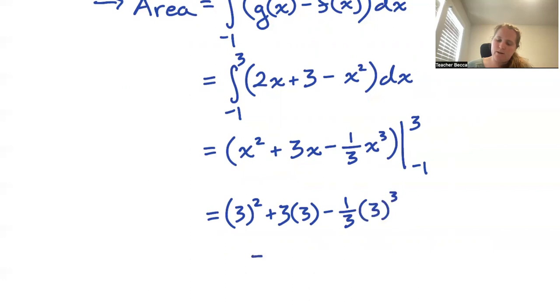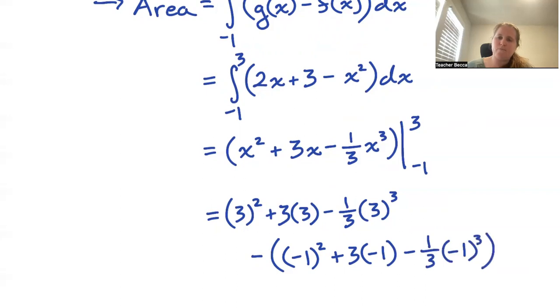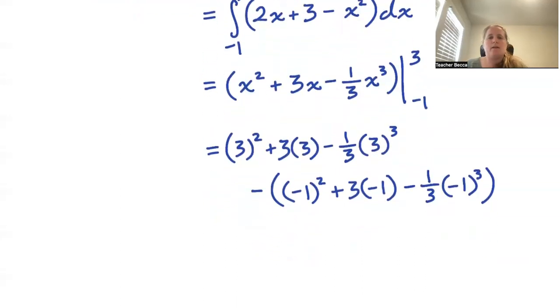Then we subtract off -1 squared plus 3 times -1 minus 1/3 times -1 cubed. That top part, we have 9 plus 9 minus 9. So we are just looking at 9, and we are subtracting off 1 minus 3 is -2, and then plus a 1/3.